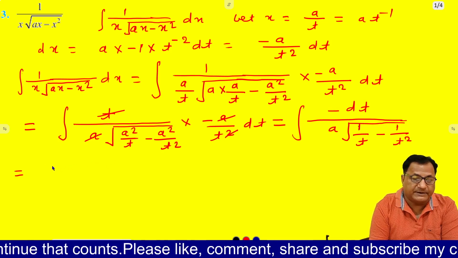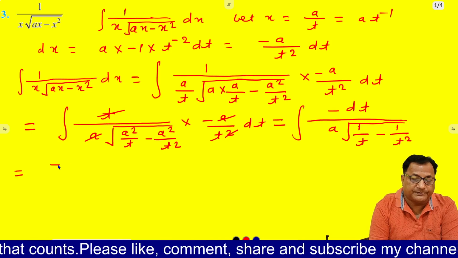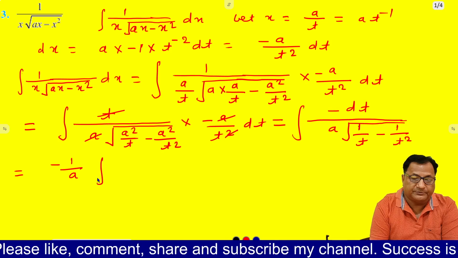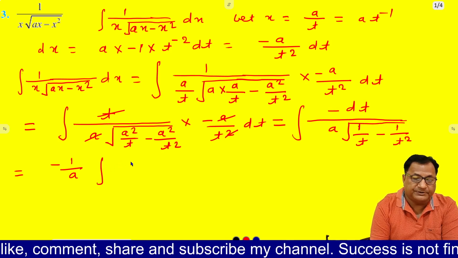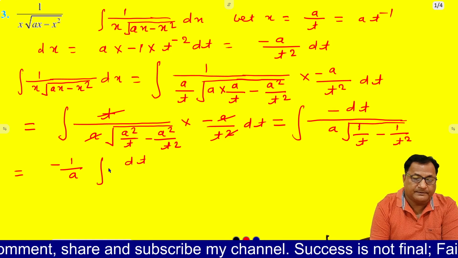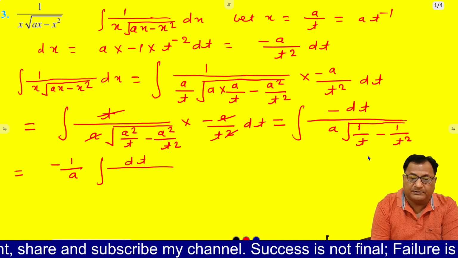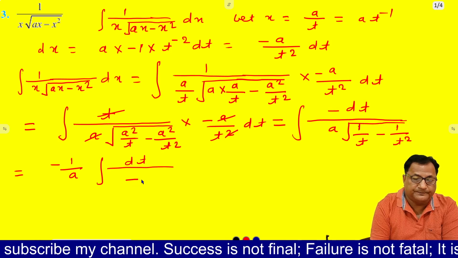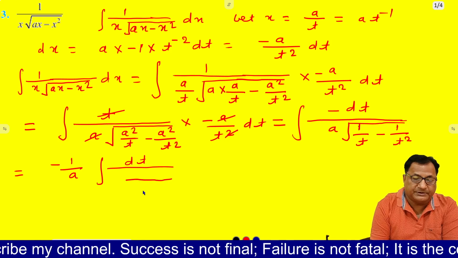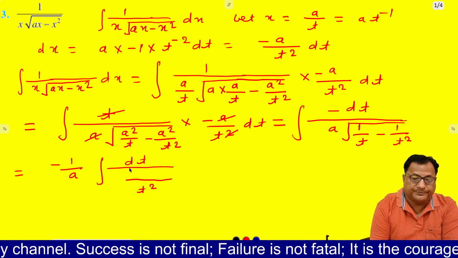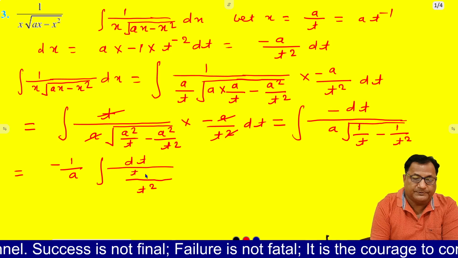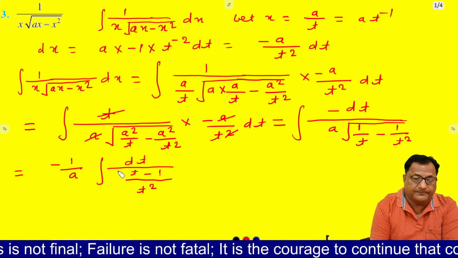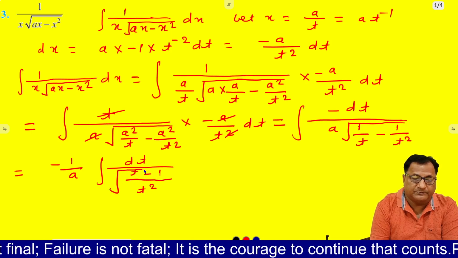If we take out minus 1 by a, this will be dt. If we take the LCM, then it will be t minus 1 over t square, under the square root.